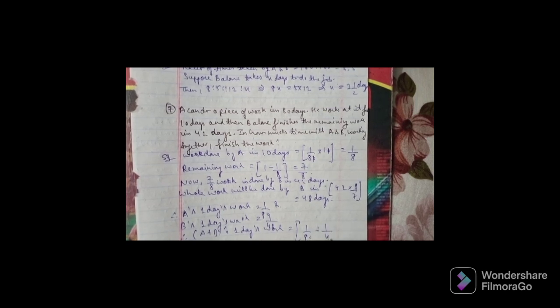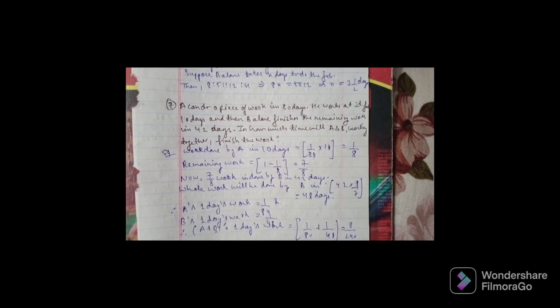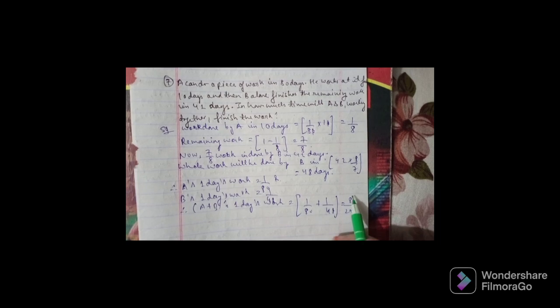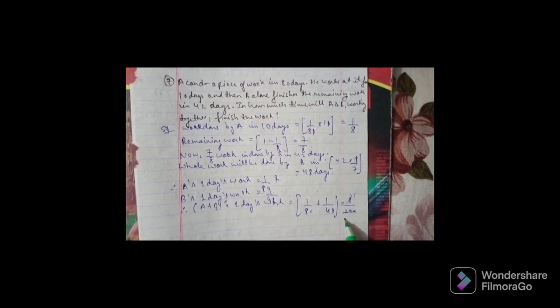So A plus B's one day's work equals 1 upon 80 plus 1 upon 48, that is equal to 8 upon 240, and that is 1 upon 30.